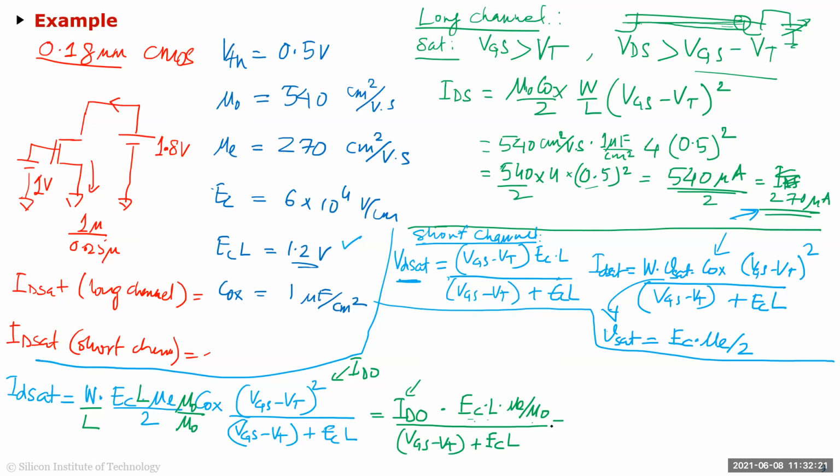Now I substitute the current I had, 270, times ECL times mu E over mu naught. You see mu E over mu naught is roughly 0.5, right? So 1.2 times 0.5 divided by 1.2 plus 0.5.